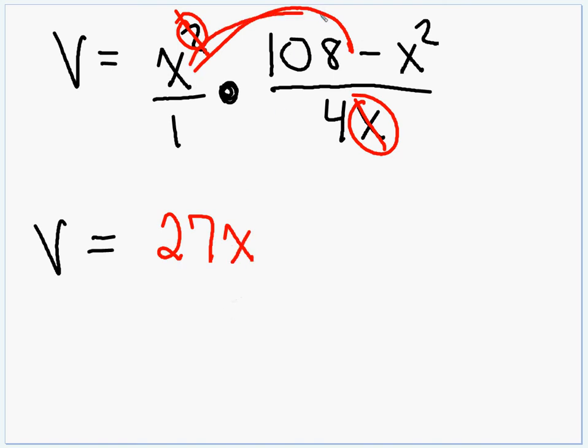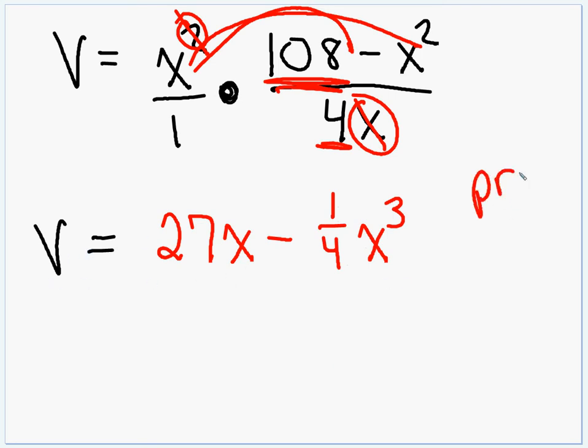And we distribute the x to the minus x squared, so that is a minus x cubed. But remember, we divided the 108 by the 4 to get 27, so this is a 1/4 x cubed. So there's our primary equation in one variable. That'll make this very easy to derive and find the min or the max.